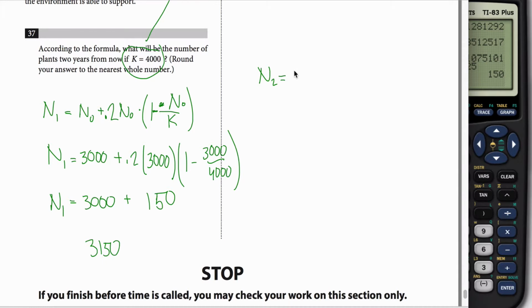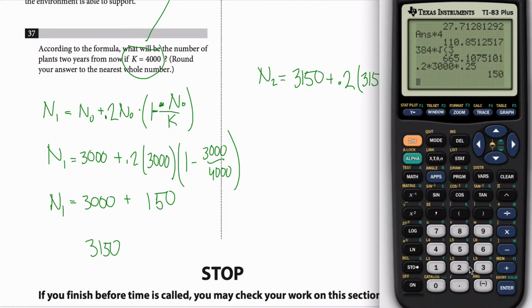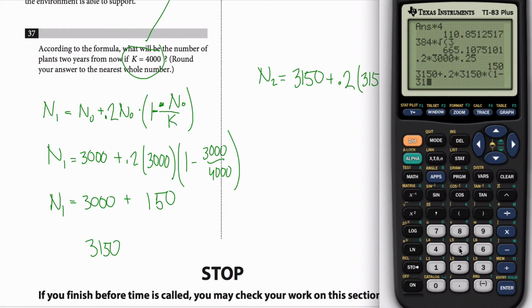So to figure out n2, I take n1, this 3150, and to that I add 0.2 times this 3150 times 1 minus this 3150 over this 4,000. Okay, plugging this into a calculator is probably easiest. I got 3150 plus 0.2 times 3150 times 1 minus 3150 divided by 4,000.